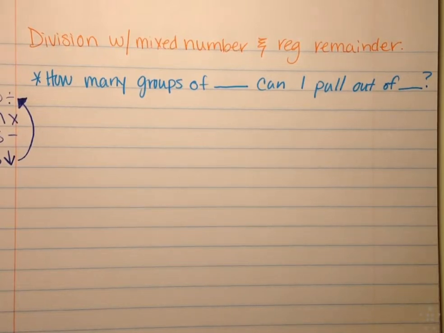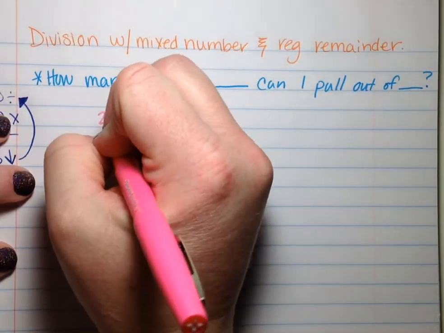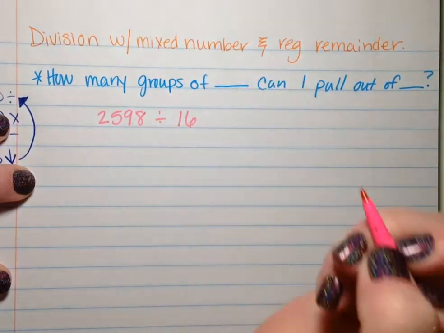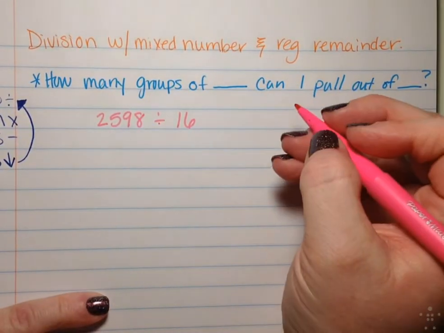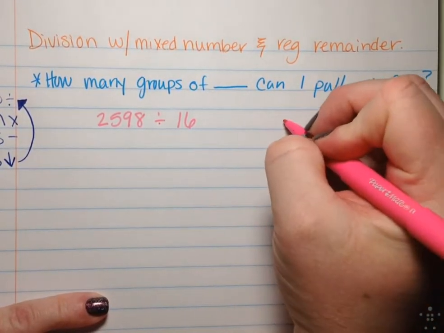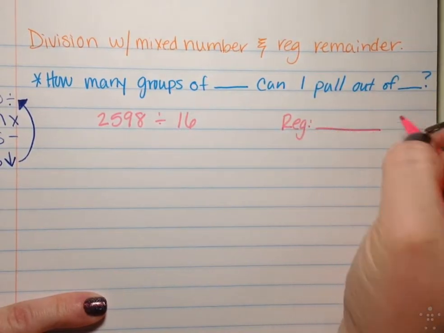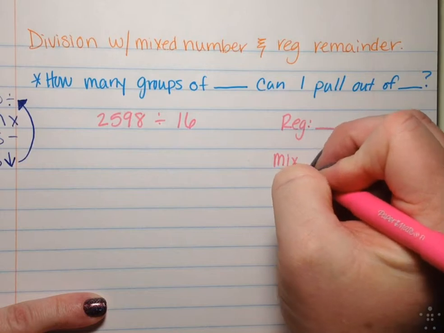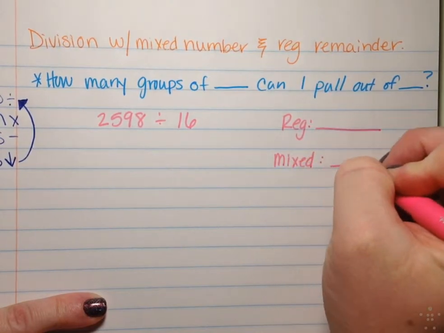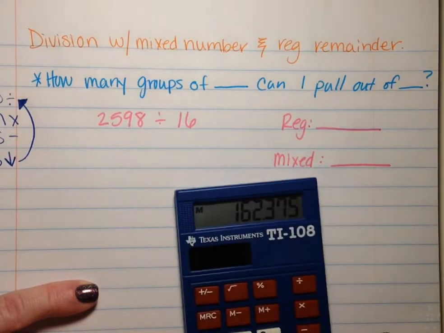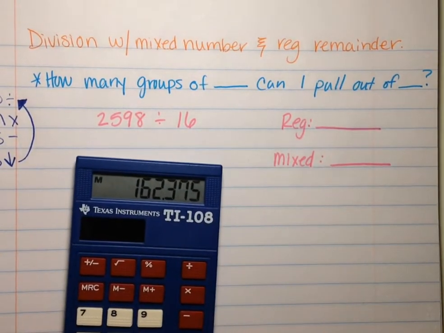So the first one we're going to do is 2,598 divided by 16. And when you give your answer, I want you to make sure that you give a regular remainder answer and a mixed number. Okay? So let's go ahead and get our multiples on the paper.